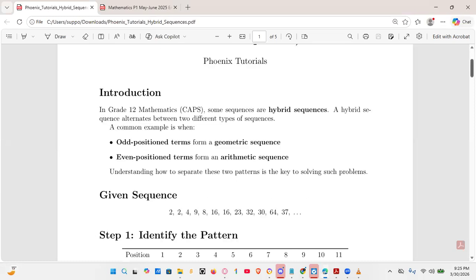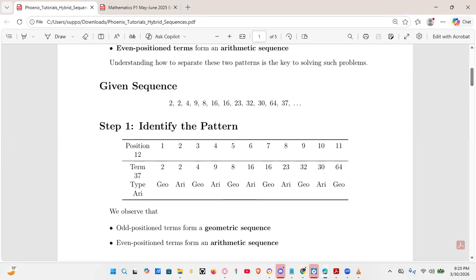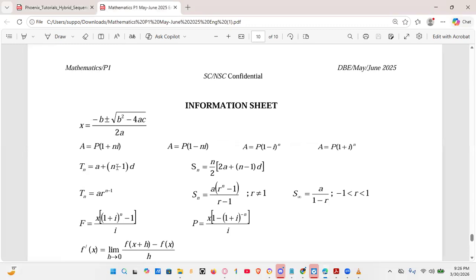Okay, so obviously the first part is identifying the pattern. So you'd have to see that on the first position I have a geometric, second position arithmetic, third position geometric, fourth arithmetic, and of course you'd have to use your formulae. So this is the formula for arithmetic sequences, for geometric sequences.